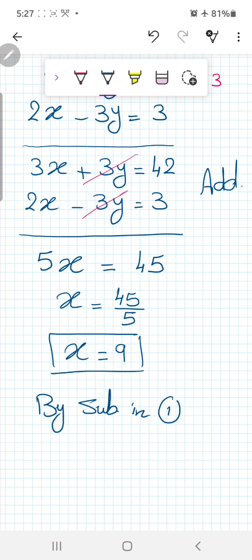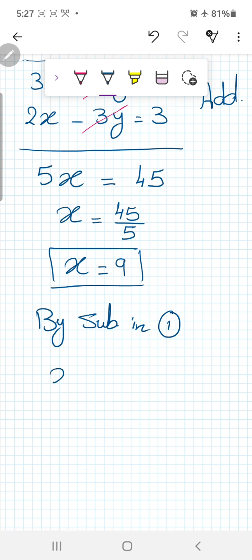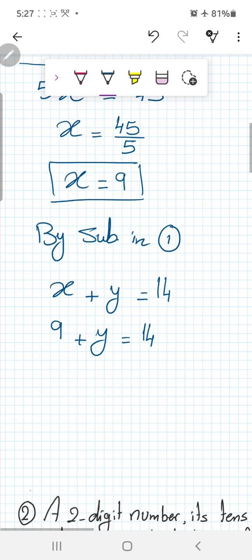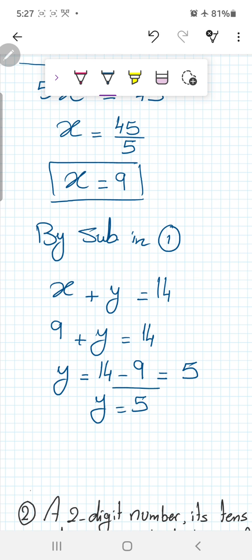For example, in 1. Here we have equation 1, x plus y equals 14. Move x and write 9. So 9 plus y equals 14. Move 9 to the other side with a negative sign. So here y equals 14 minus 9. It will be 5. The value of y equals 5.